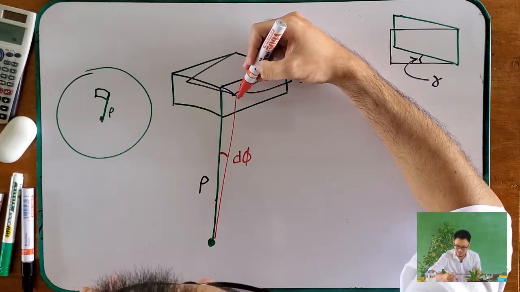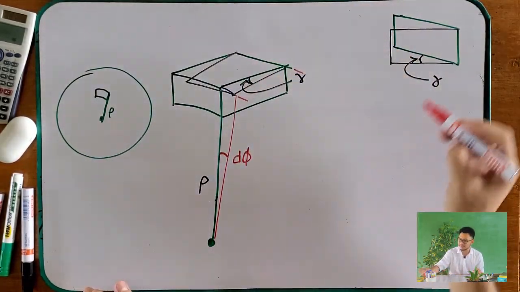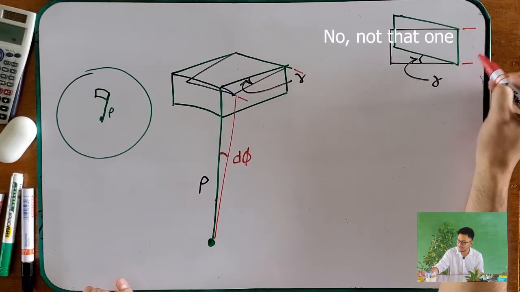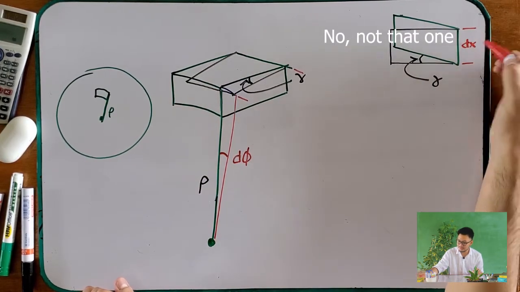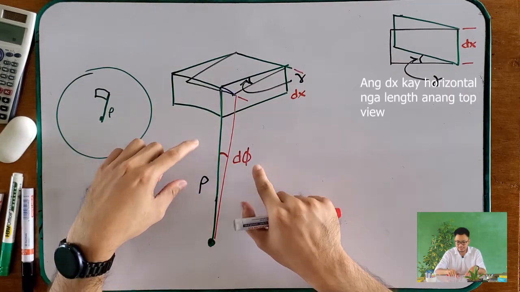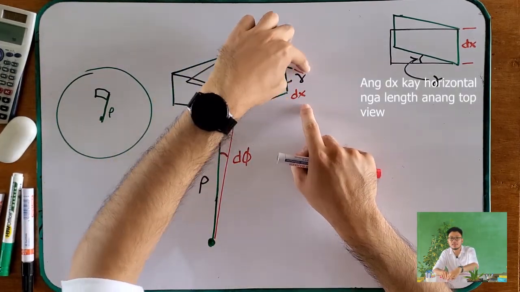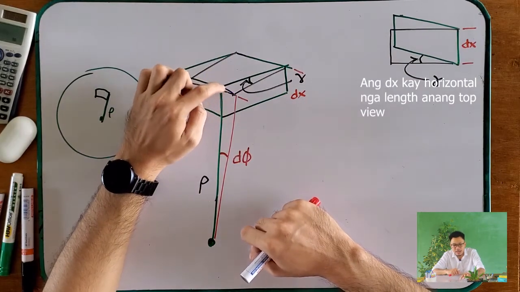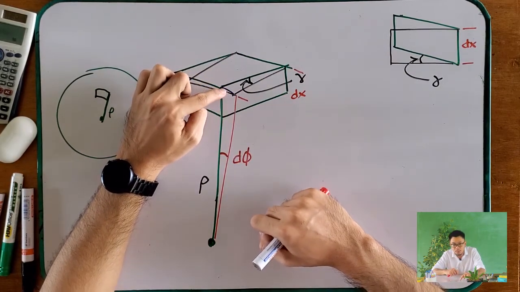So therefore, can you remember kung unsa ning ato na generate nga equation right here? And we knew that this one has a thickness of dx. Diba? Kay diba ang kaning duha, ang ilang common is ang atong arc length, which is kaning blue.